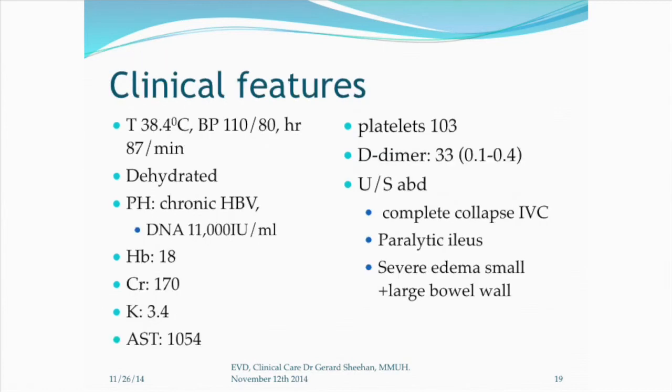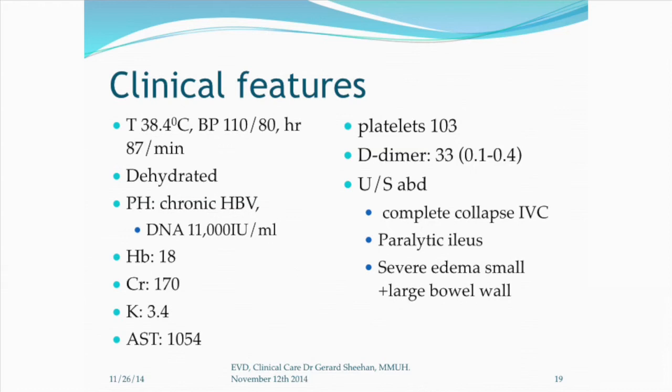And on admission there, he had fever. He had a blood pressure, and his heart rate was surprisingly normal, but he was clinically dehydrated. His only relevant past history was chronic hepatitis B, which was not causing him any difficulties. He had hemoconcentration, presumably from dehydration, with a hemoglobin of 18, a creatinine of 170, potassium that was down somewhat, but this again will not necessarily reflect total body potassium stores.